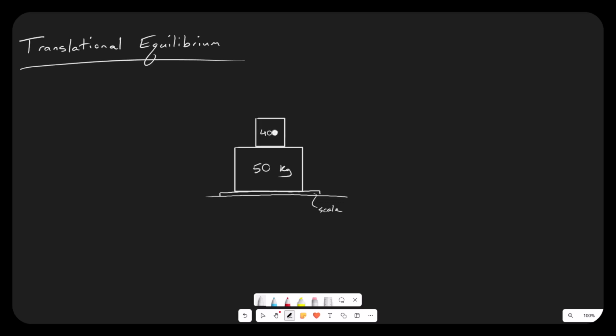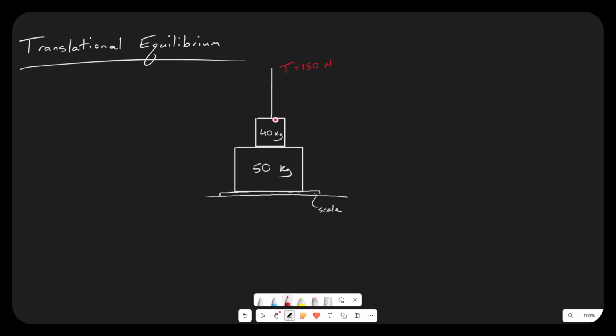Also nicely labeled, but that box is being lowered on right now by a rope, and it's in the process of being lowered into place. So the rope that's lowering it carries a tension of 150 newtons. And I would like to know, what is the readout on the scale?